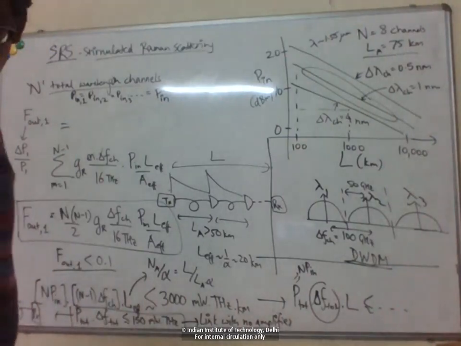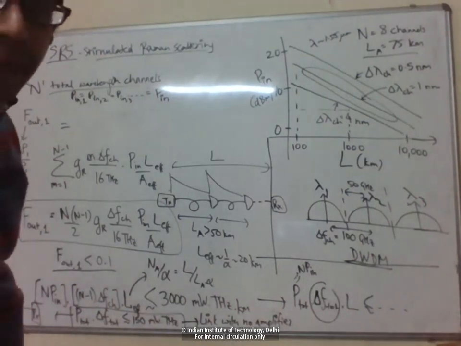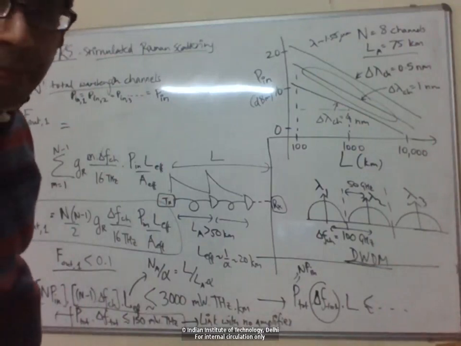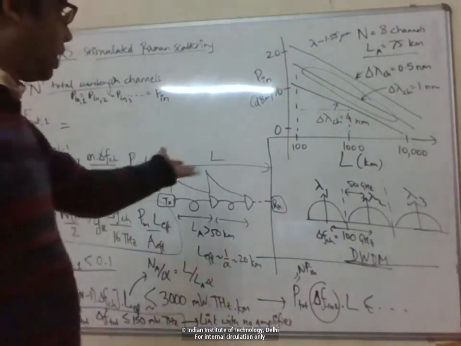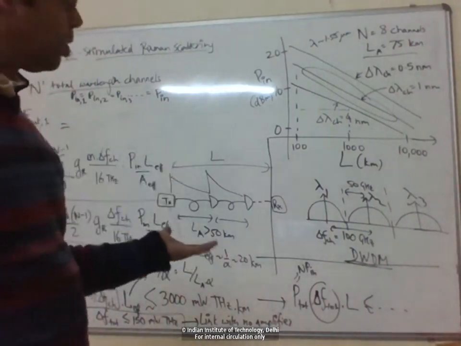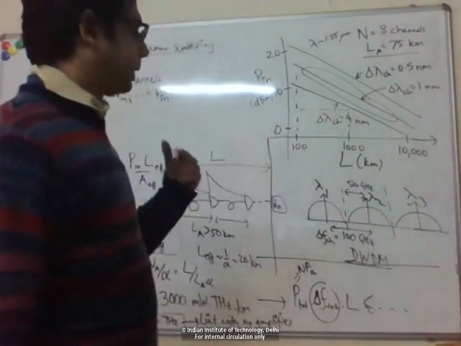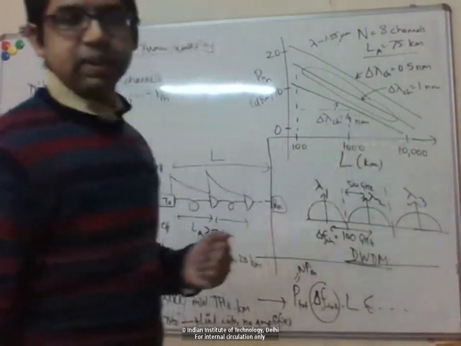Any questions on Raman scattering? Sir, unlike in Brillouin scattering and Raman scattering, is it possible to have co-propagation? We're mainly considering co-propagation only, because the main effect of SRS is this crosstalk between different wavelength channels.